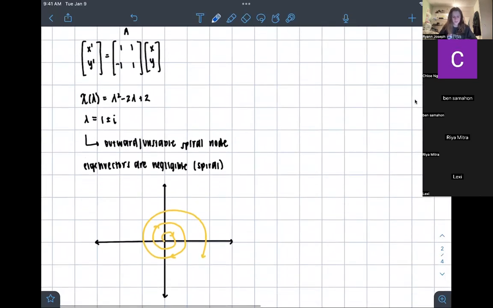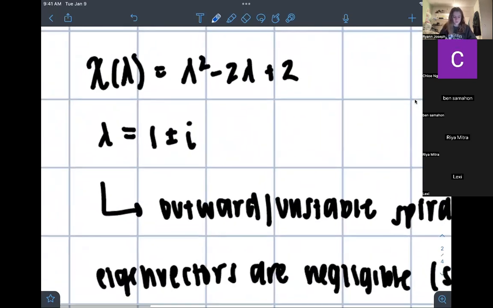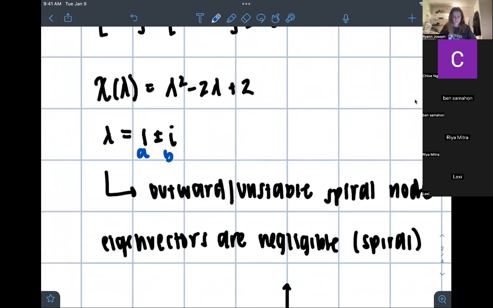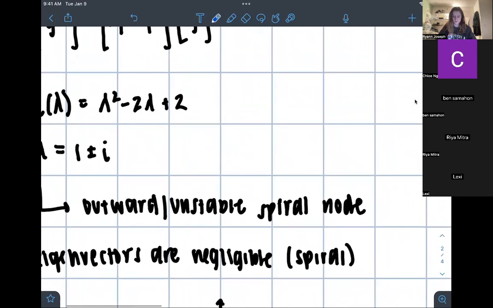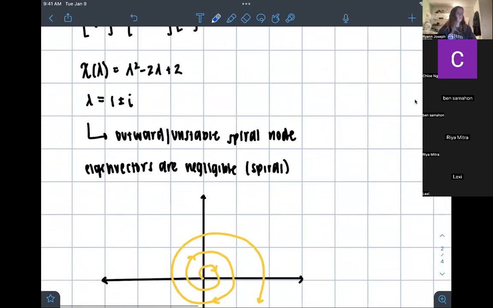It's outwards because the real part is positive, like this A term, A and then B. Because A is positive, it points outwards, and because B is positive, it is spiraling to the right.